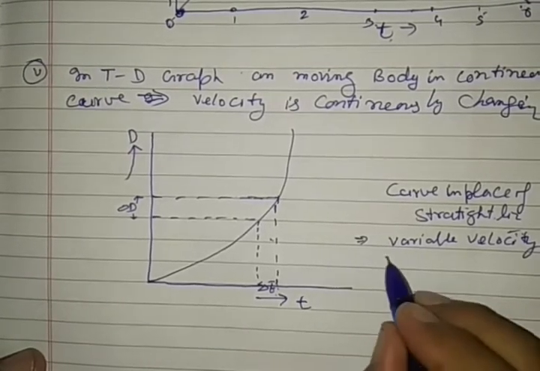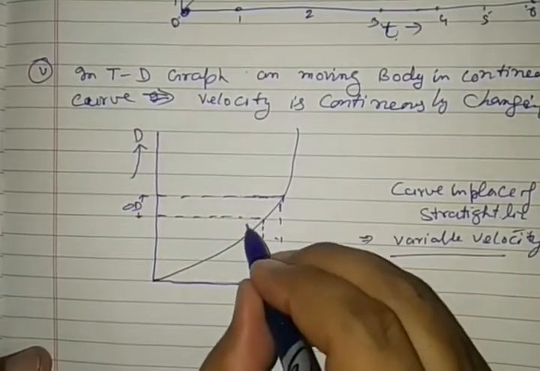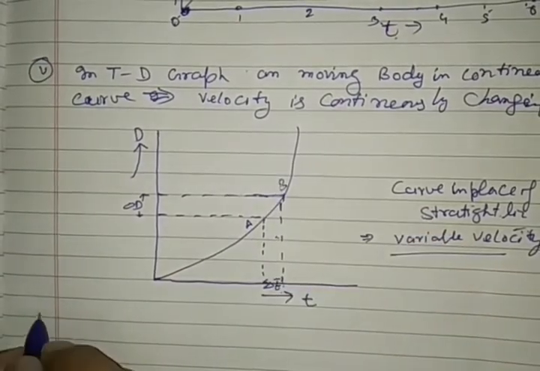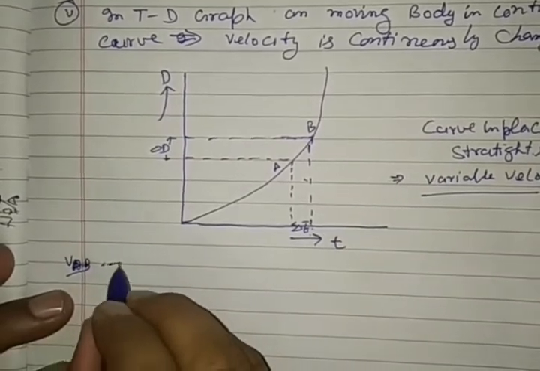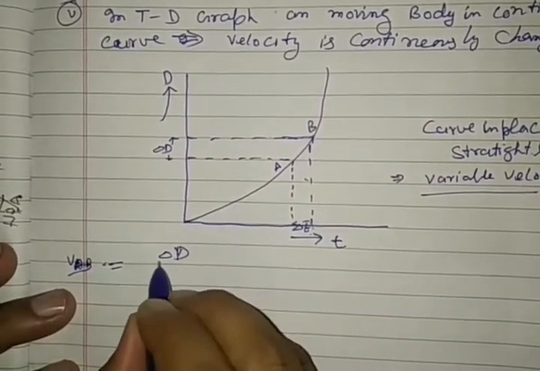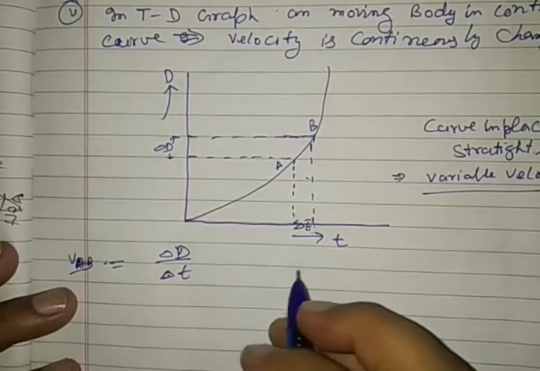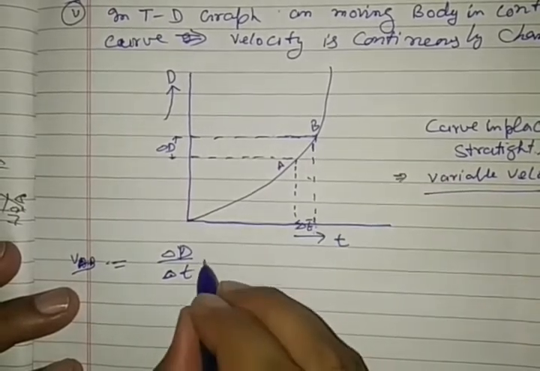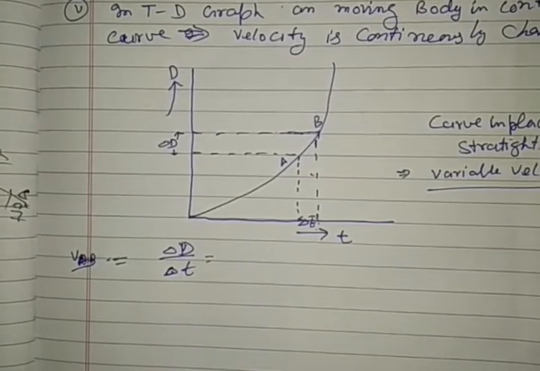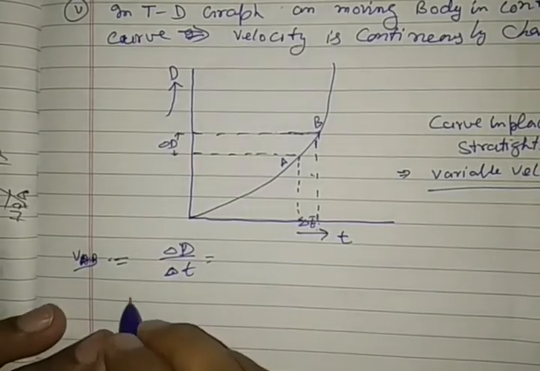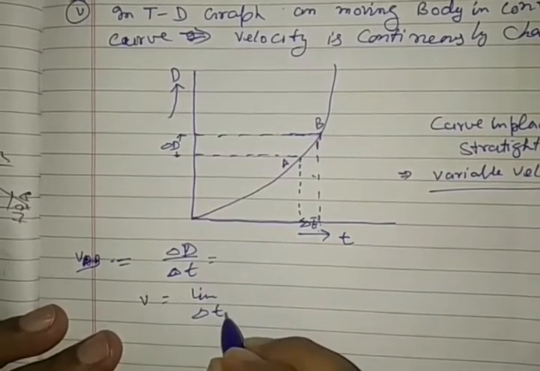If velocity is variable, then under this graph the velocity at an instant between A and B is given by change in displacement divided by change in time. This is called the velocity at an instant, in the limit as delta t tends to 0.